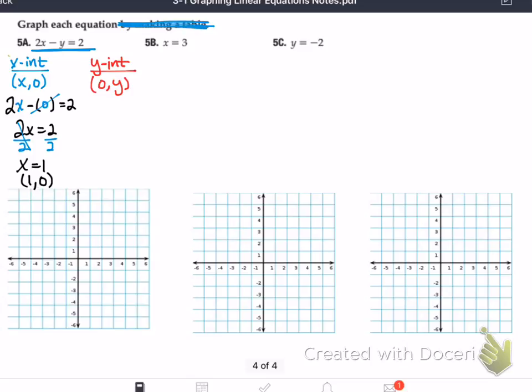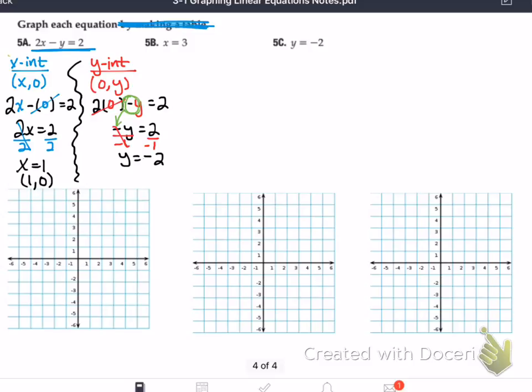Now try plugging it in for the y-intercept. After you plug in 0 for x and y for y, solve it. Don't forget about this negative right here that gets carried down to the bottom, and then divide both sides by negative 1.